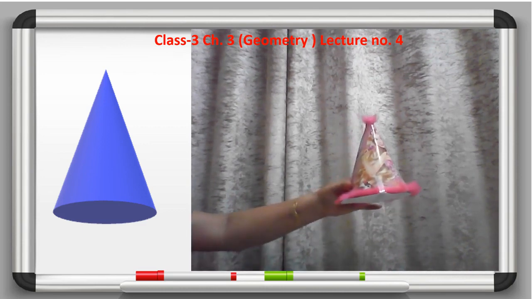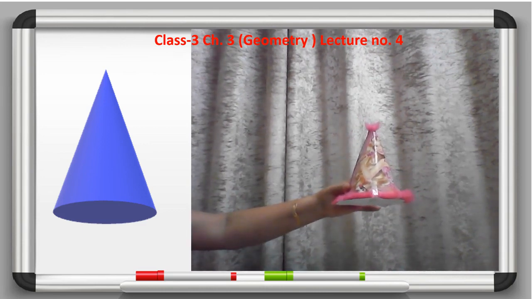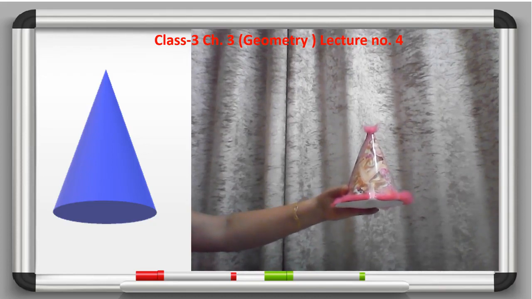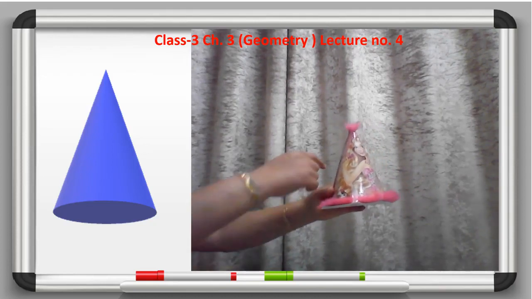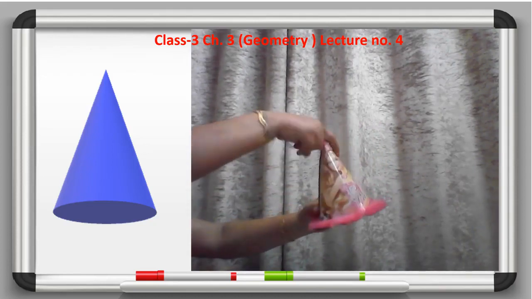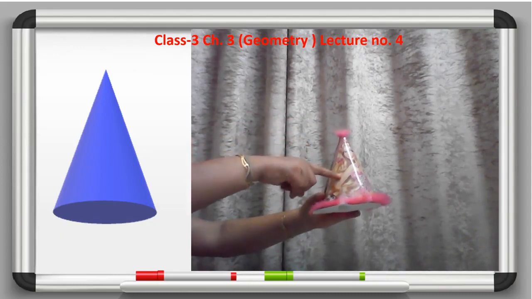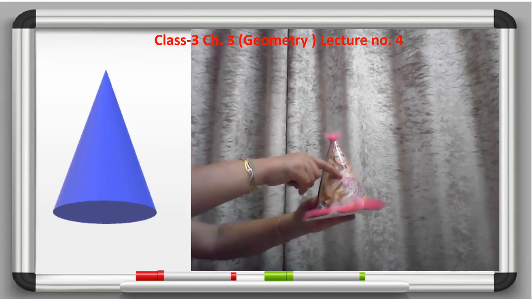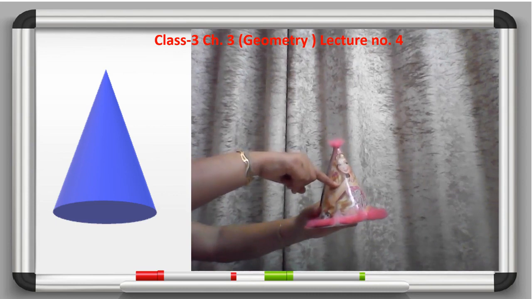Now beta, I am going to show you one cone shape object and then we will see how we can count the number of faces, edges and vertices in that. Here I have a birthday cap. Now we will count how many faces it has. Here you can see that this is the face of this cap, and this is the curved face, curved meaning round face.